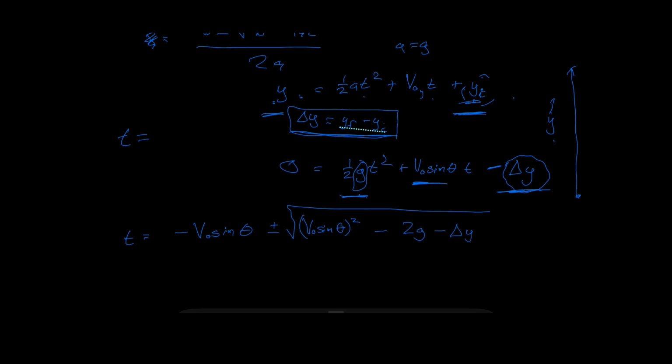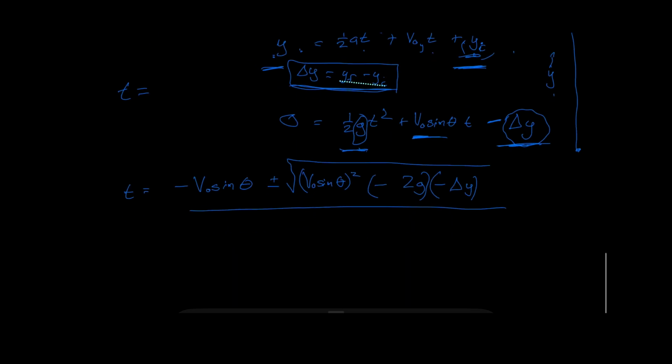So this is multiplying, so it's going to be positive. A lot of you got that correct, but a lot of you put y naught here. This is not correct. Delta y is not the same thing as y naught. All over 2a, which is g.